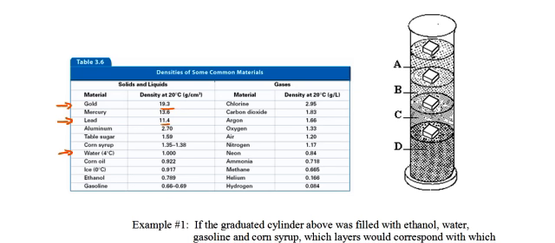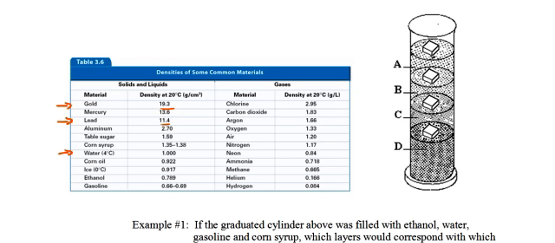All right. So as we scroll down here, here's a question: if the graduated cylinder above was filled with ethanol, water, gasoline, and corn syrup, which layers would correspond to which liquid? All right, so let me kind of change some colors here. We'll stick with orange for the water. Water has a density of 1.